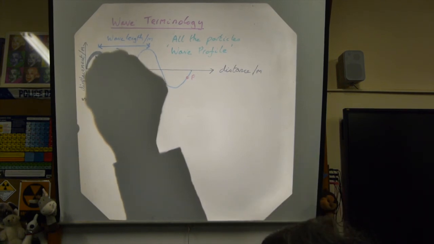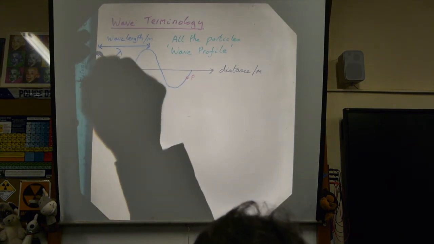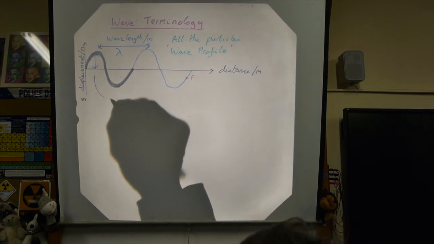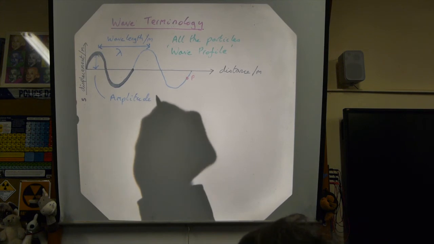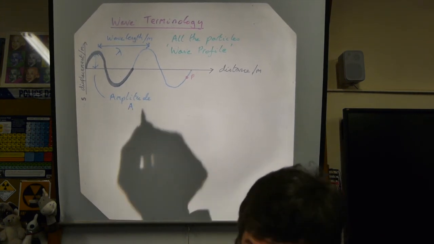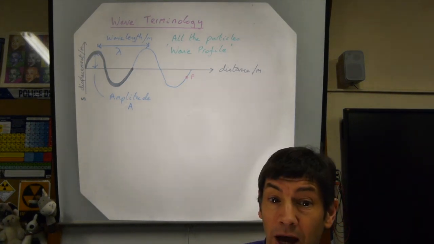So this measurement here, that one, is the amplitude. We usually give it the capital A as a letter. We don't do many calculations with it at lower secondary level, okay?